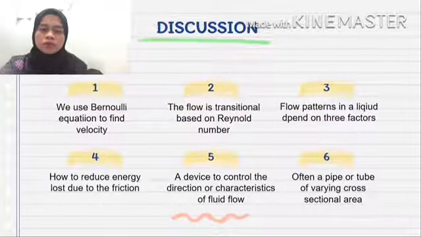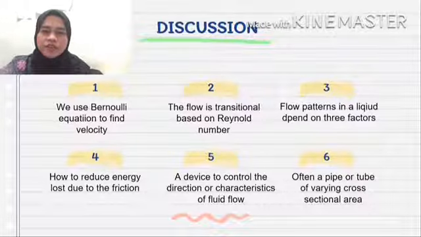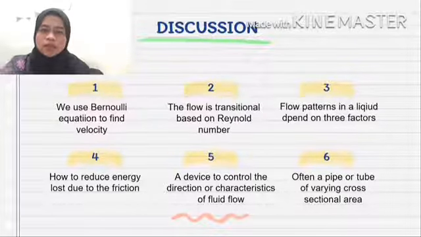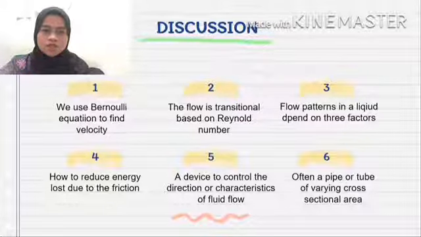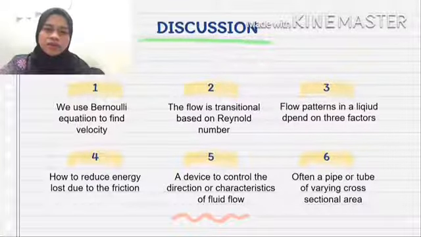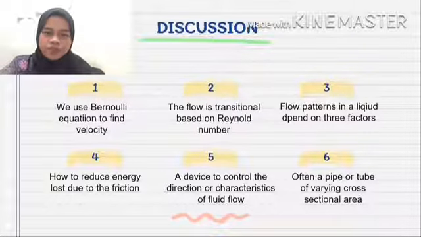So the total head loss is 194.3155 meter. Flow pattern in a fluid, either gas or liquid, depends on three factors: the characteristic of the fluid, the speed of the flow, and the shape of the solid surface. The first one is the characteristic of the fluid.